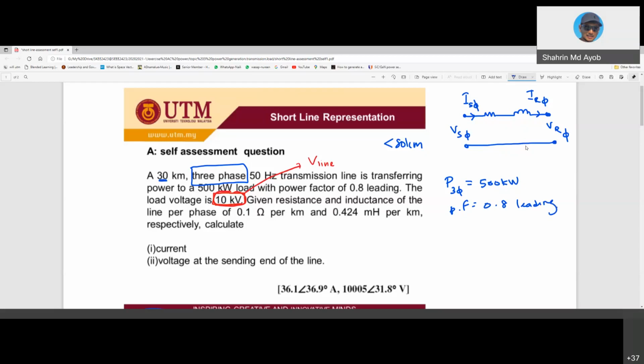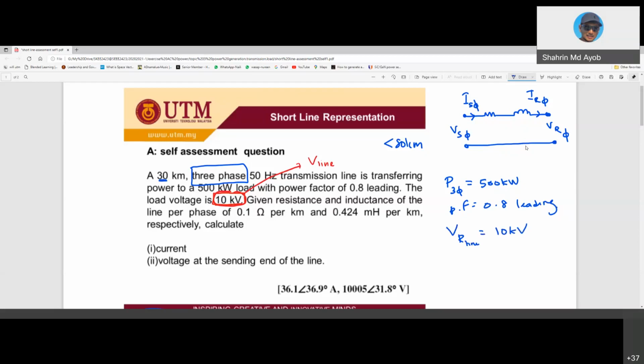Meaning that the current is leading the voltage, so the load is a capacitive load. And the load voltage is 10 kilovolts, so VR line is given, which is 10 kilovolt.